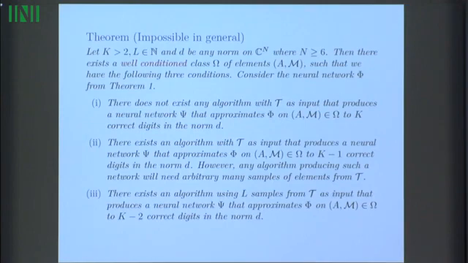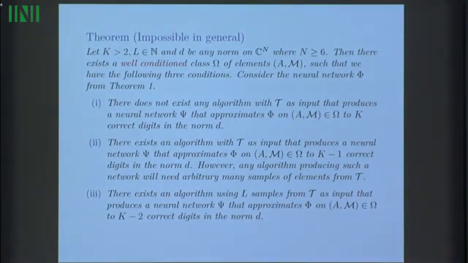Okay, so it's impossible to get k correct digits, but you can get k minus 1 correct digits with an algorithm, but it can take arbitrary amounts of training to see this.